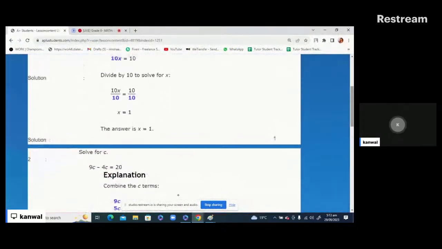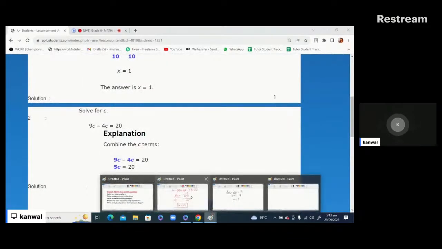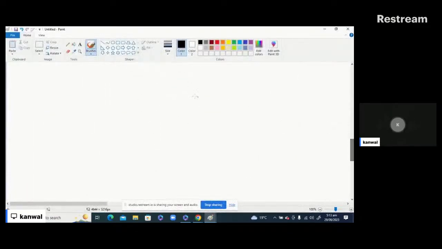All right, let's do the questions from here. 9c minus 4c is equals to 20. Okay, are you guys able to solve this question?